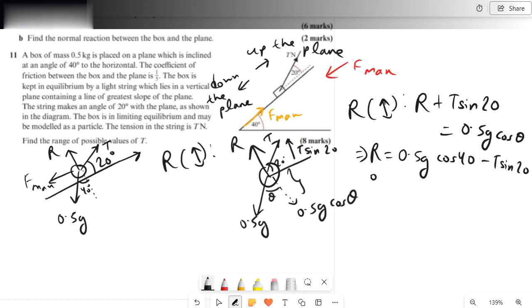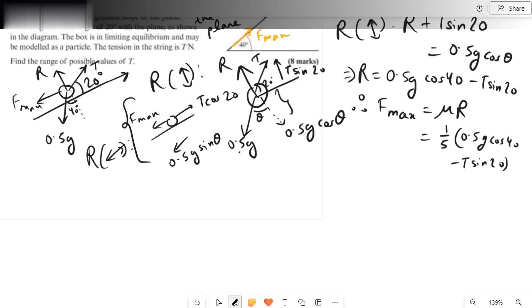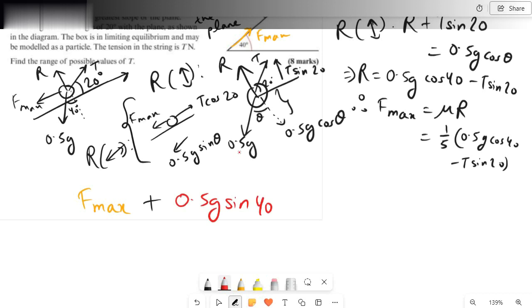And so we can say the limiting value of friction is going to be mu R, which is 1/5 of the expression that we have just found, 0.5g cos 40 minus T sin 20. So resolving horizontally and using this, F max plus 0.5g sin 40, which is the theta value, is equal to T cos 20.